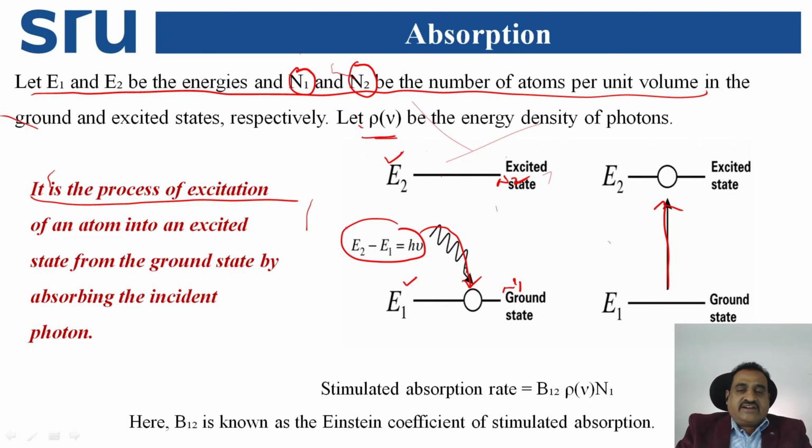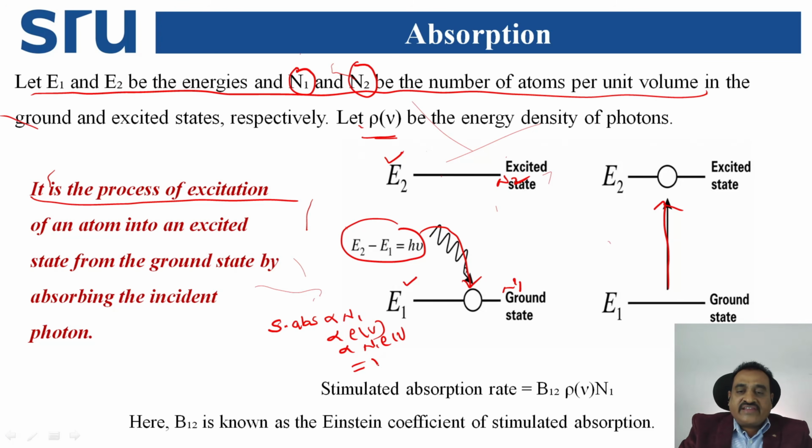The stimulated absorption rate is directly proportional to the number of atoms per unit volume N1 and also directly proportional to rho v, the number of photons per unit volume or the energy density of photons. So we can write this is directly proportional to N1 rho v.